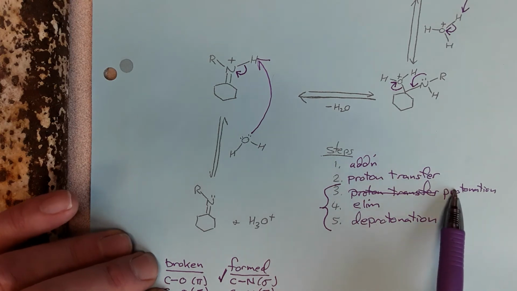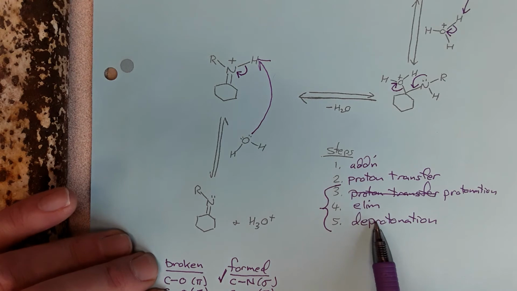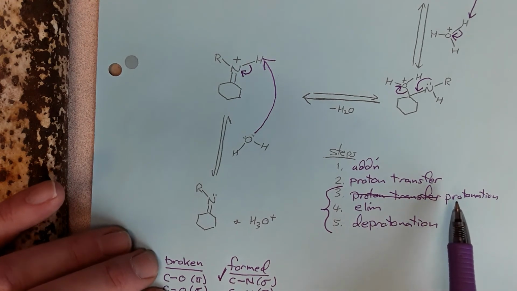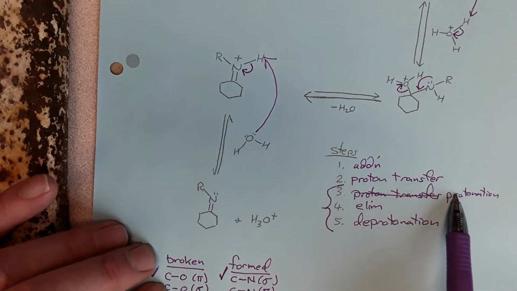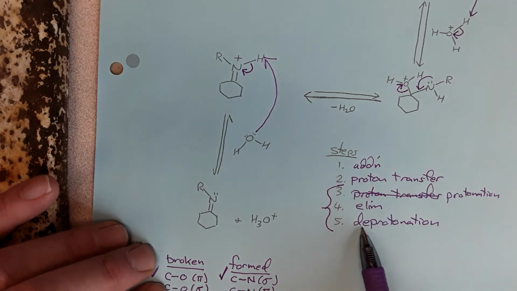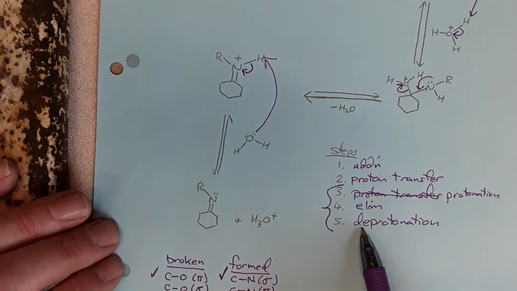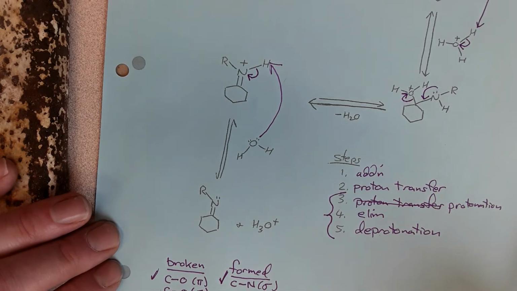So you could do protonation, substitution, deprotonation, protonation, elimination, deprotonation, protonation, addition, deprotonation. But this acid catalyzed sequence of events where you protonate, you do something, and you deprotonate is kind of a standard order in which you see things carried out.